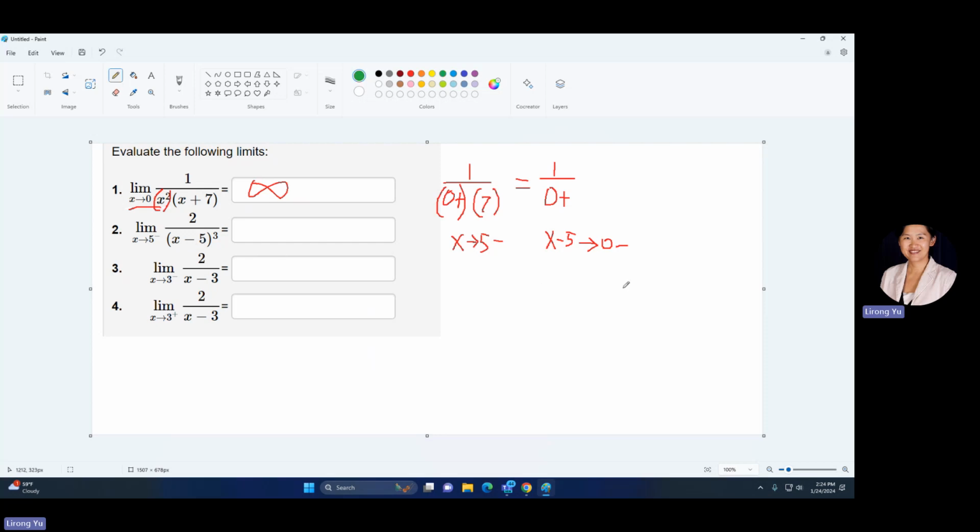If you cube this, and you cube a negative number, it will still be a negative number. As a result, the numerator is still 2, it's constant. The denominator is approaching 0 from the negative side. So a number divided by 0 normally approaches infinity, but because it's a negative in the denominator, this is actually a negative infinity.